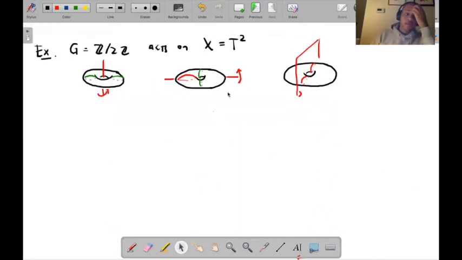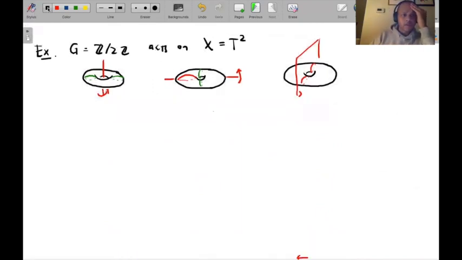Okay, so we have these 3 different actions. Let's think about what the quotient space that we get is. And I'm just going to draw some pictures, well, let's see if I can convince you.